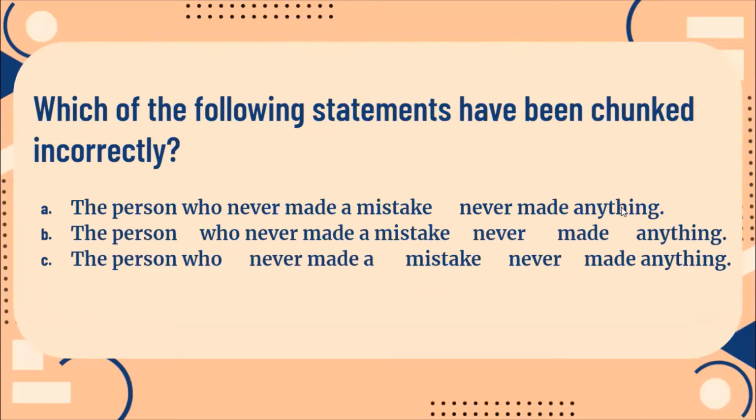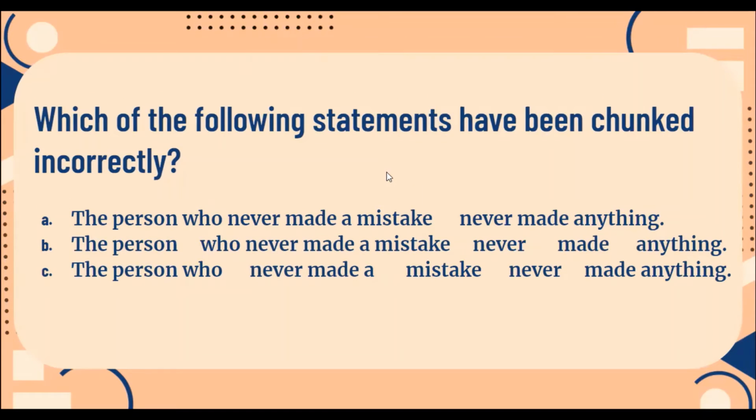Look at these statements and tell me which ones have been chunked incorrectly. Which of these pauses do not seem natural to a speaker? Go to A and C. All right, let's see.